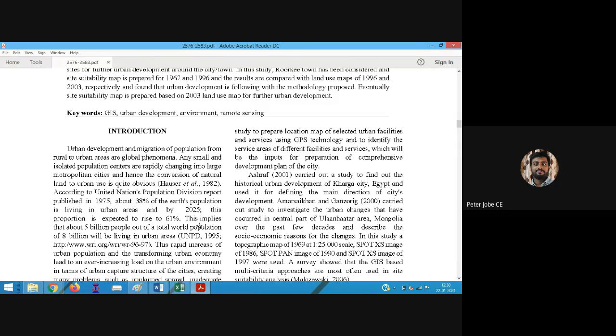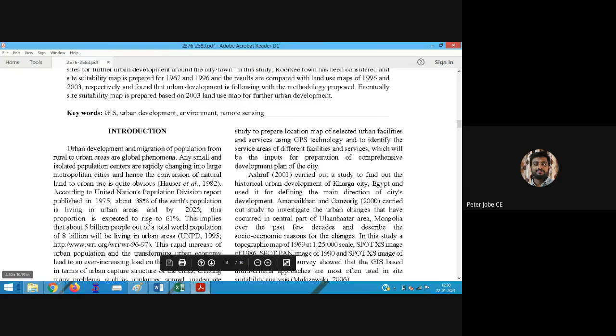So this implies that 5 billion people out of a total world population of 8 billion will be living in urban areas. That might be due to the better living standards and better employment opportunities that urban areas are providing them.